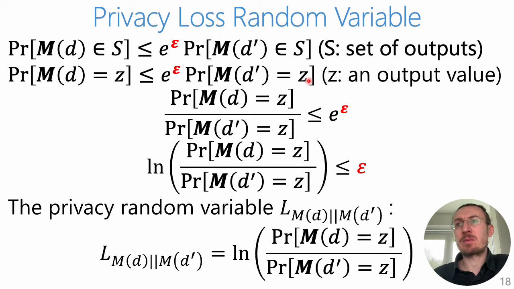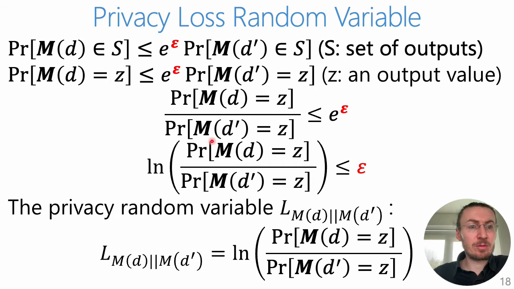In this case, we can think of that as single model parameters after training of the ML model. So, taking into account this inequality, we can simply divide the left side by the expression probability of M of D prime equals z, and then this whole expression, the ratio of probabilities, has to be less than or equal to e to the power of epsilon.